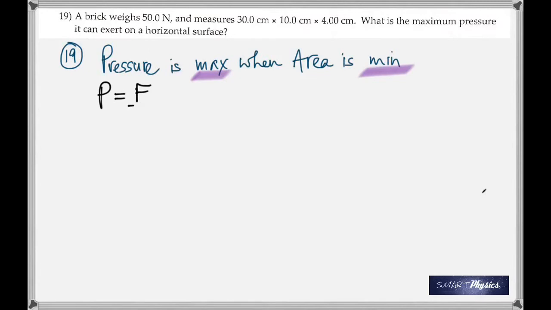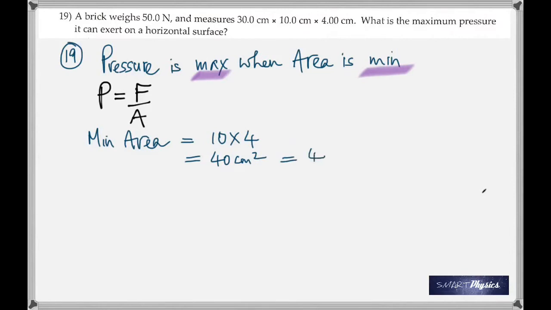Pressure is force by area, force is 50 newtons, and the minimum area is, now both are in centimeters, 10 times 4 is 40 centimeters squared. Got to change it into meters squared. What do we do? Divide by 100 times 100, which will be 10 to the negative 4 meters squared.